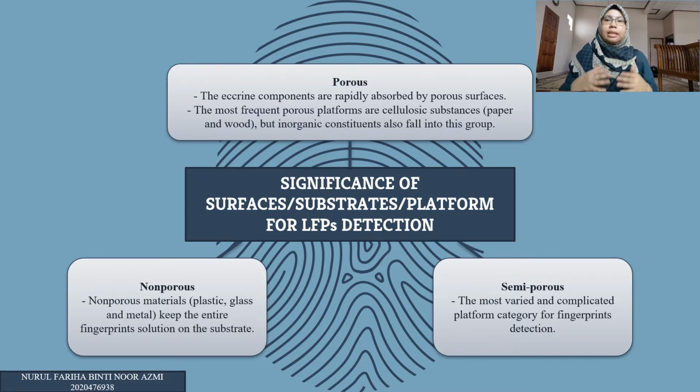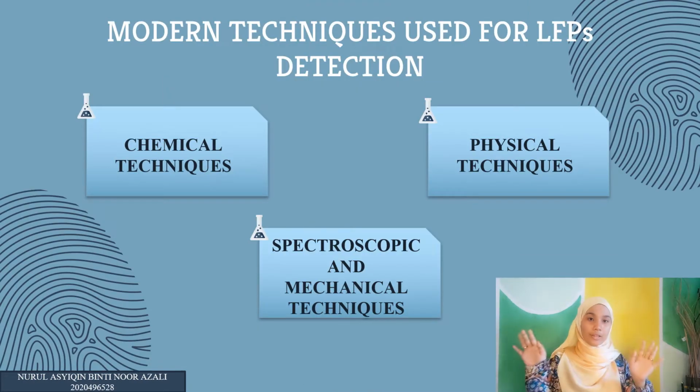Semi-porous substrates are the most varied and complicated platform category for fingerprint detection because they fall amid the porous and non-porous limits. Various factors influence fingerprints, such as nature of substrate, surface state, age of deposit, or even color of the substrate where the fingerprint is deposited.